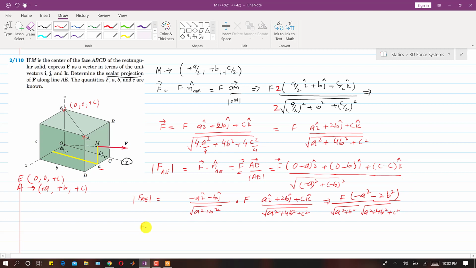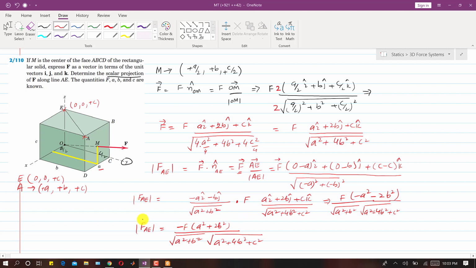So we can write F_AE magnitude. If I take minus as common, it will be minus F times a square plus 2b square, divided by square root of a square plus b square, and this will be square root of a square plus 4b square plus c square.